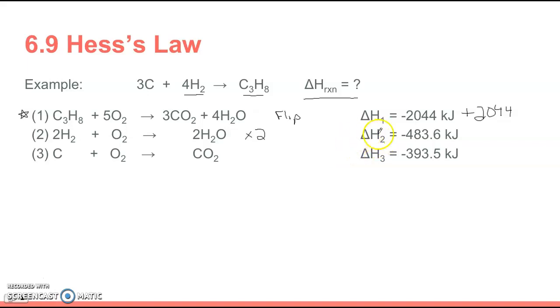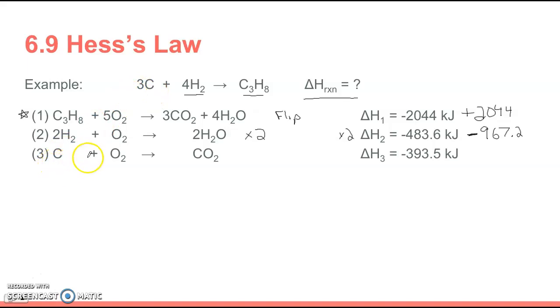The way we manipulate delta H is that if we multiply the equation by 2, you also multiply the delta H value by 2. So once you double it, this ends up being negative 967.2.